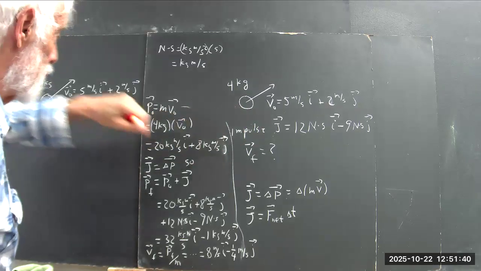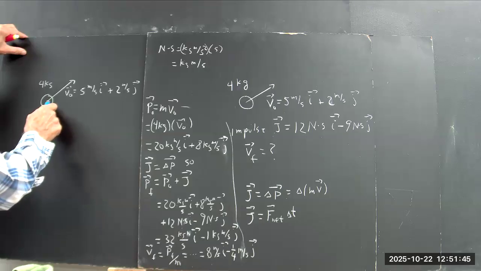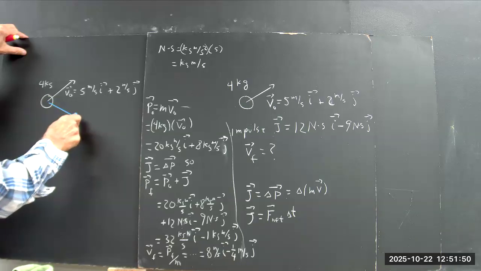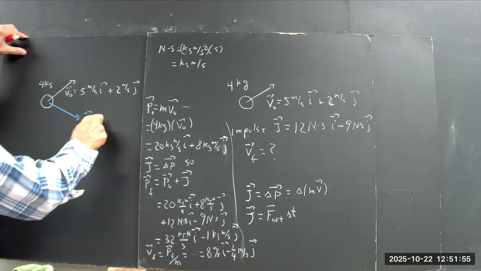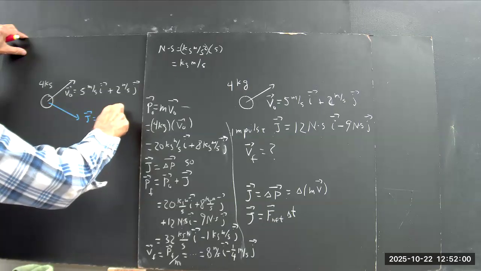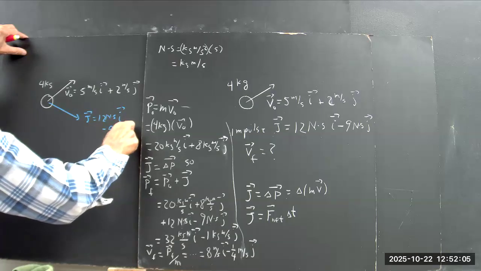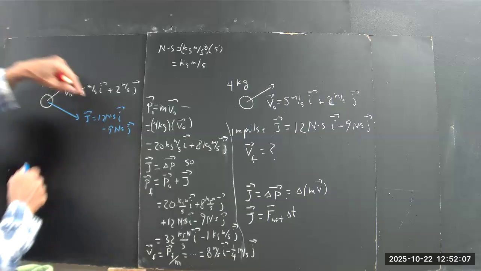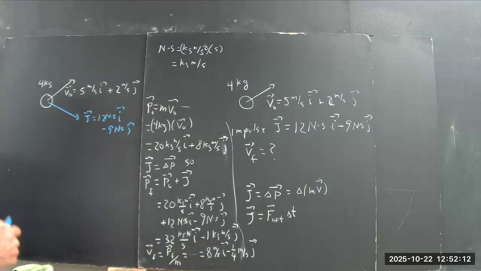It's 12 Newton seconds times i minus 9 Newton seconds times j. That Newton kind of blends into the 12 there, but you understand that that's just what we wrote over originally.